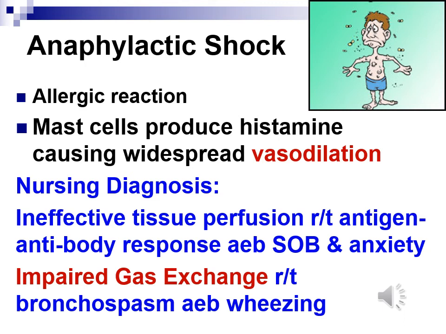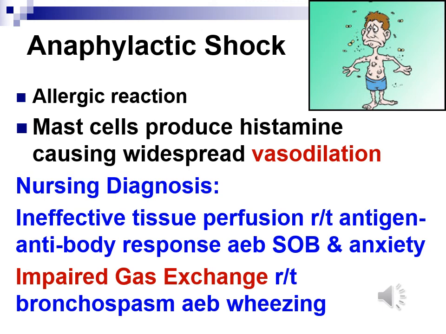Last type of circulatory shock, anaphylactic shock. So this is a severe allergic reaction that occurs when a client is exposed to an antigen that they have already developed antibodies for. So there's a rapid onset. Client is usually immediately hypotensive, maybe in respiratory distress, and untreated, it can result in cardiac arrest.